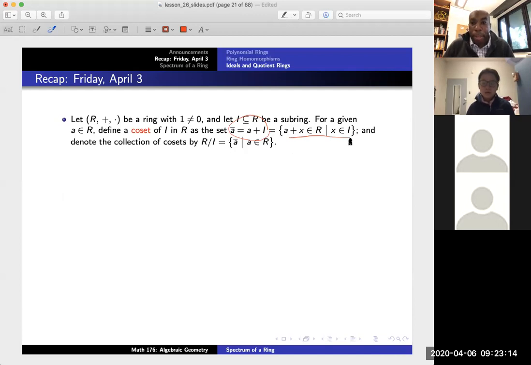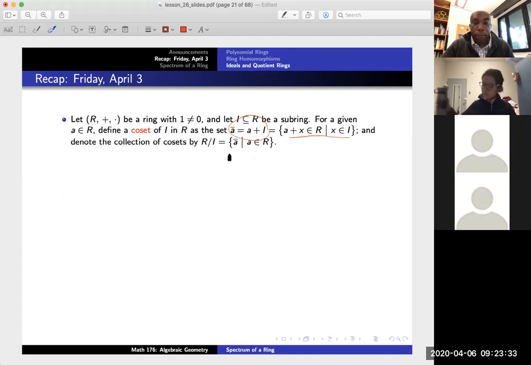We can let I be the collection of all even integers. That is a subring. And so if a is equal to 0, then a plus I is just the set of even integers. But if a is equal to 1, then a plus I is just the set of odd integers. Right? So that's what we mean by cosets.